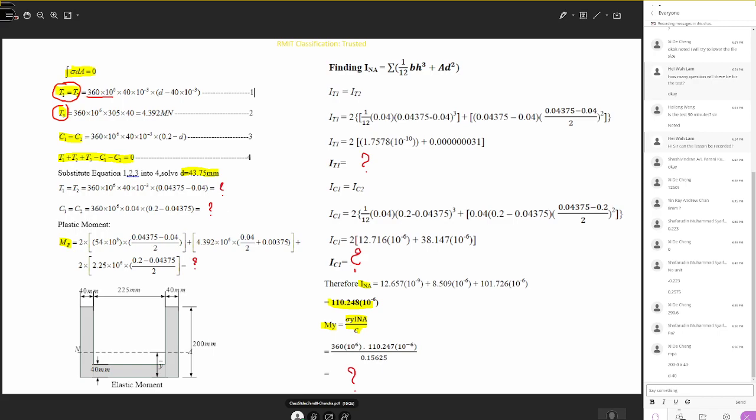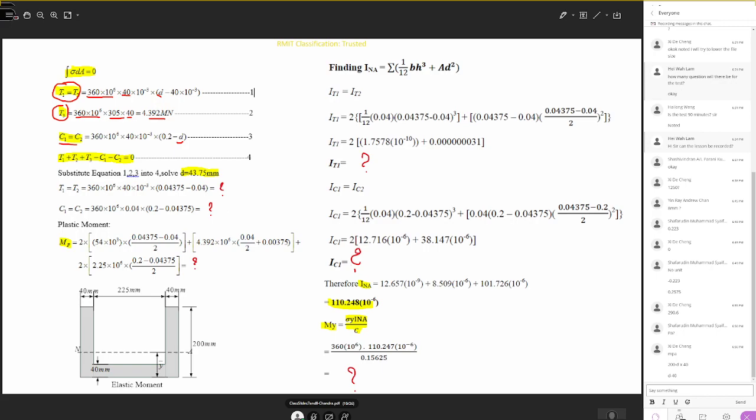Since it is 40 mm, so 40 into 10 power minus 3, so you are converting mm into meters. T3 is sigma y into 305 into 40, so you can just calculate as it is. Then we are calculating C1, C2. Here, D is unknown.